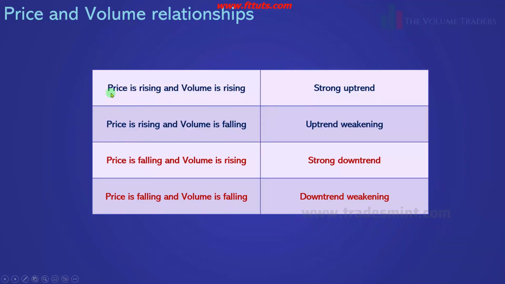Usually when price is rising and we see increasing volume, it means that a lot of aggressive buyers are joining the market, so we have a strong uptrend. But when price is going up and we see decreasing volume, there's a very high probability of reversal.